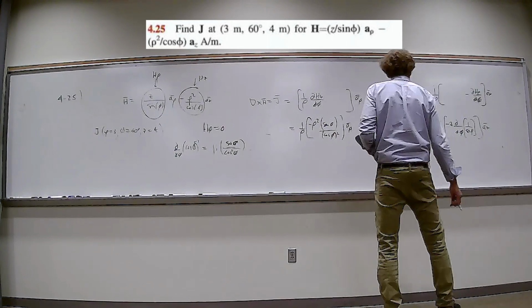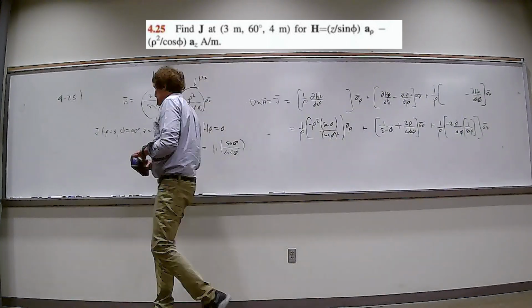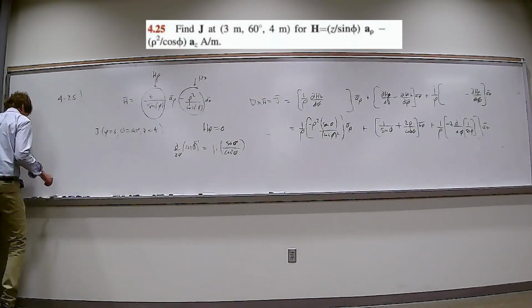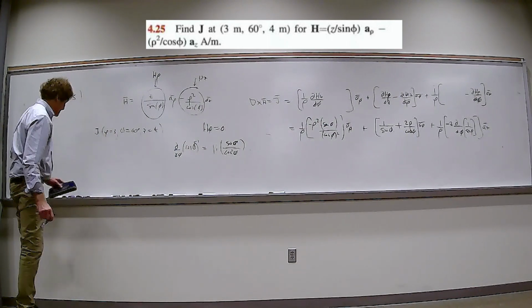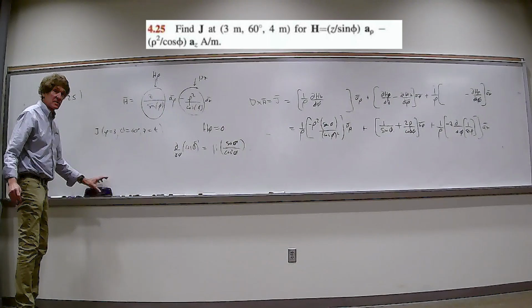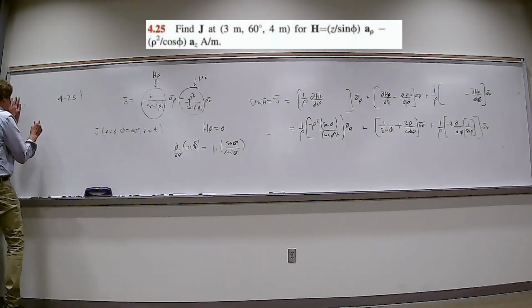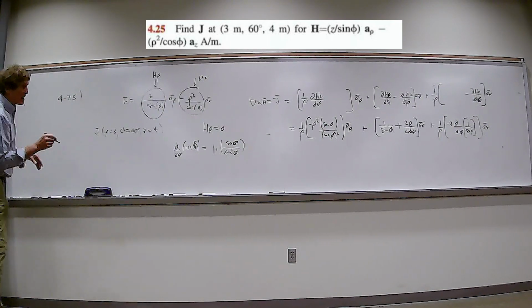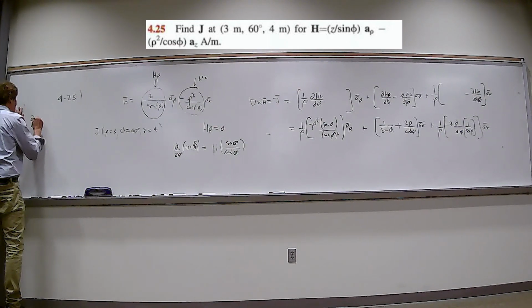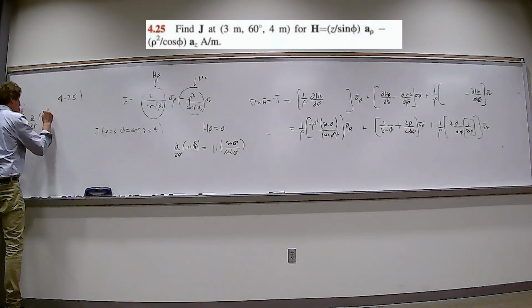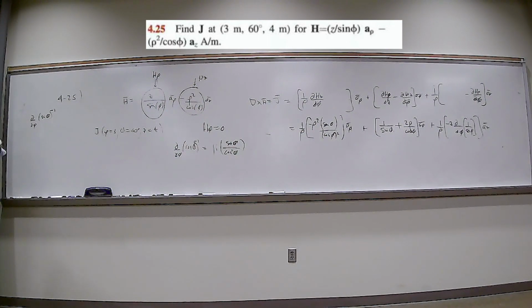All right, what about this one? What's the derivative of 1 over sine? You can look this up directly because 1 over sine is cosecant, right? But I have derivative with respect to phi of sine phi to the minus 1. Does everybody follow what I'm doing here? I'm just using the definition of the derivative.